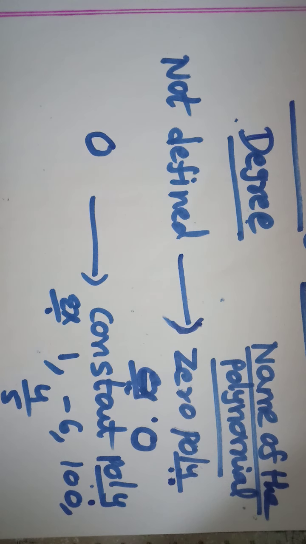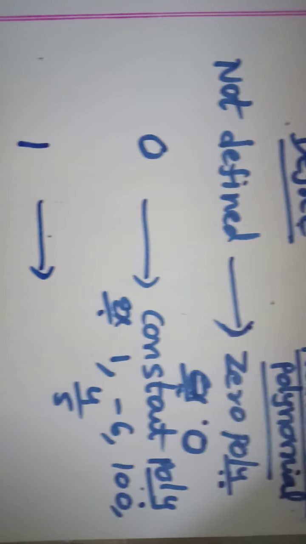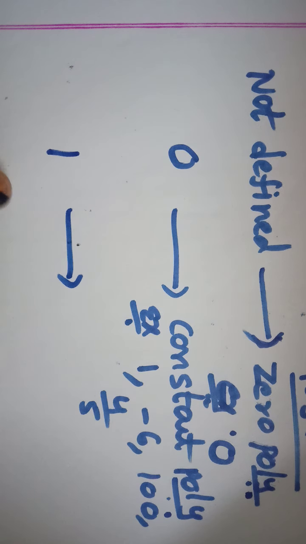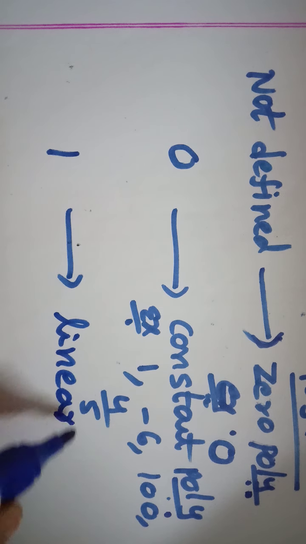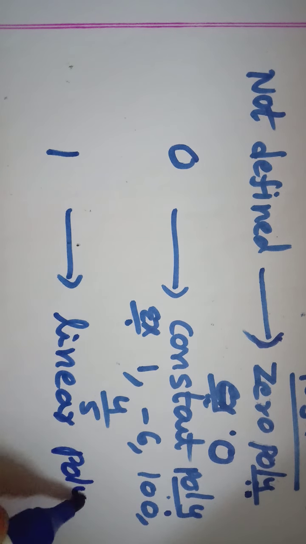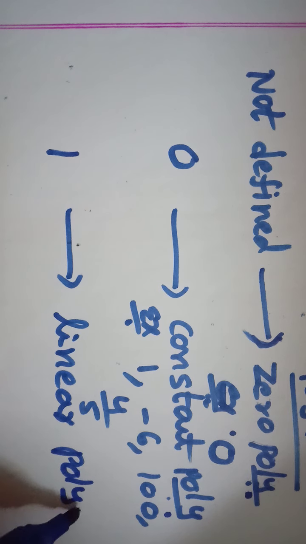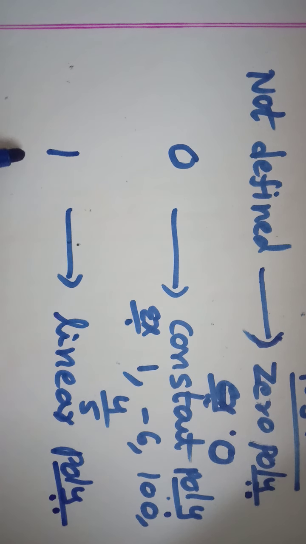If the degree is 1, a polynomial having degree 1 is called a linear polynomial. These are very, very important. Having degree 1 means only the x variable with power 1 is there.